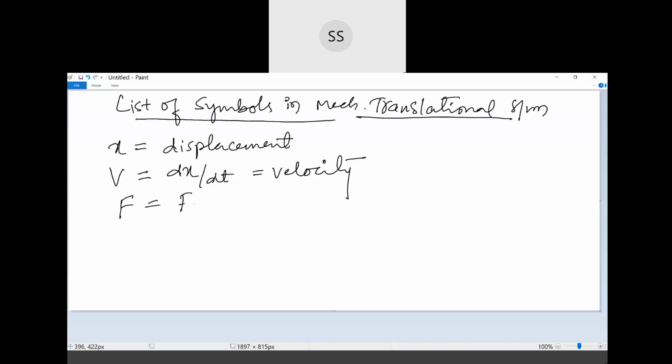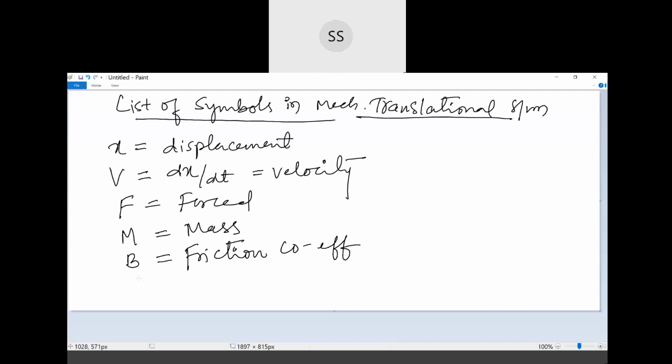F here represents the applied force. Capital M represents the mass in kg. And the symbol B is used to represent the friction constant, also known as the friction coefficient.